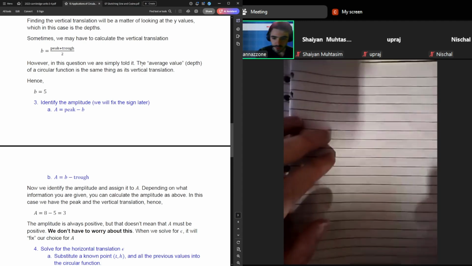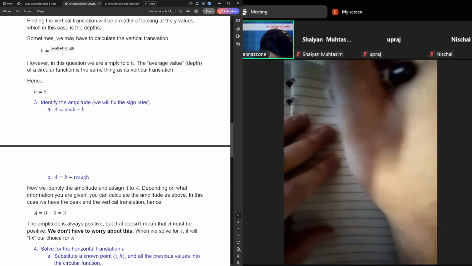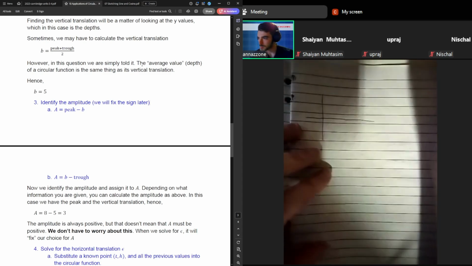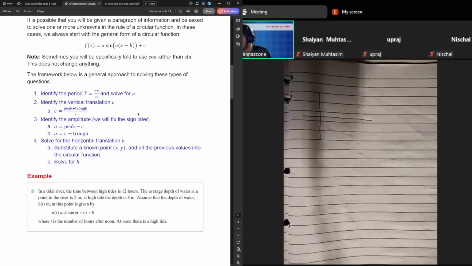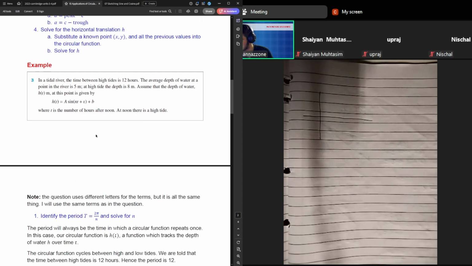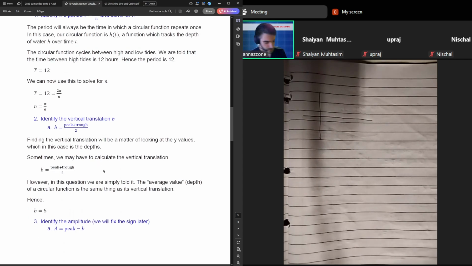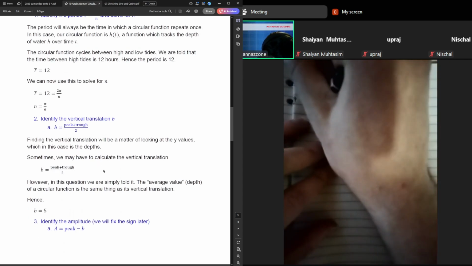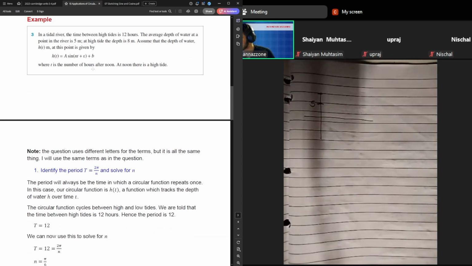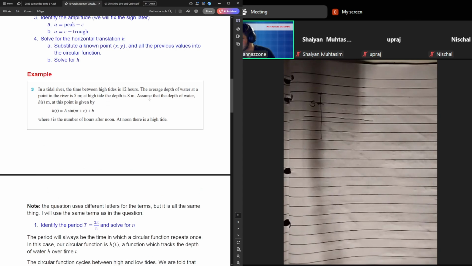To demonstrate the point, I'll go to the handwritten notes. Using the information that we currently have, what do we have currently? It's a sine wave, and it's got a B of 5, so a mid-level of 5. We were told the maximum was, where is it?